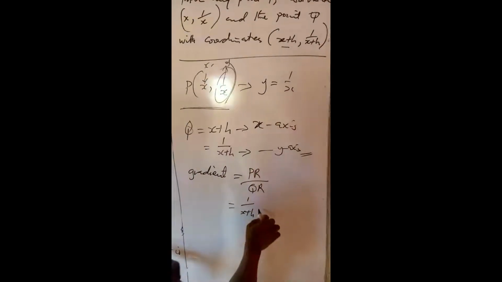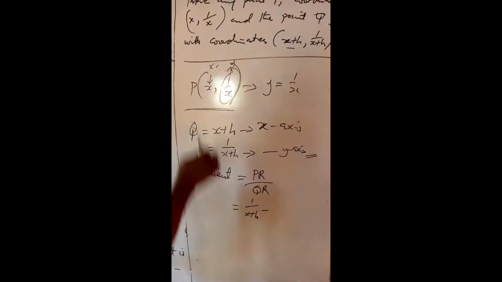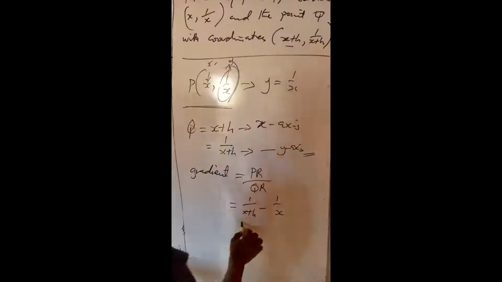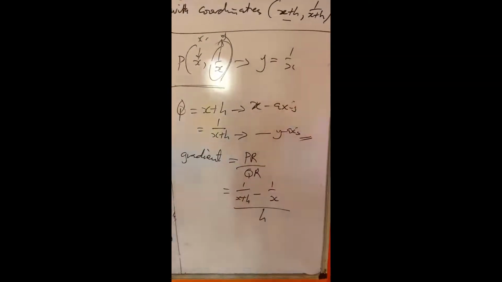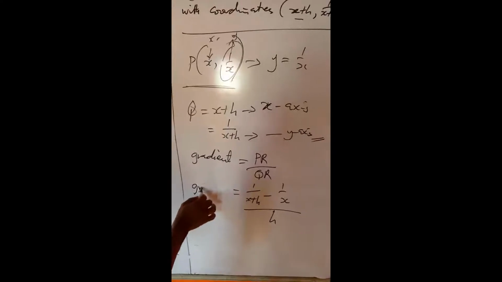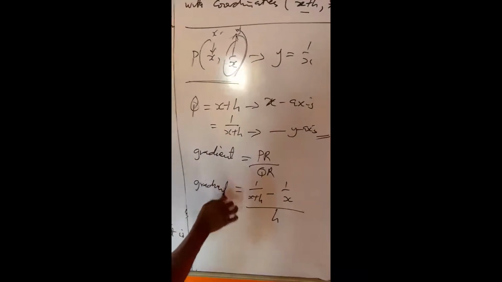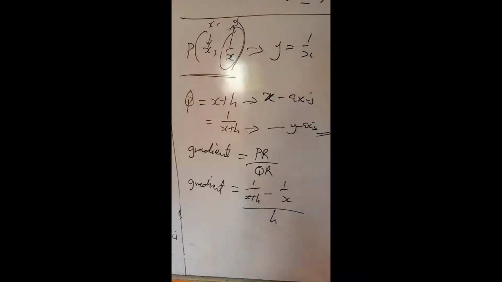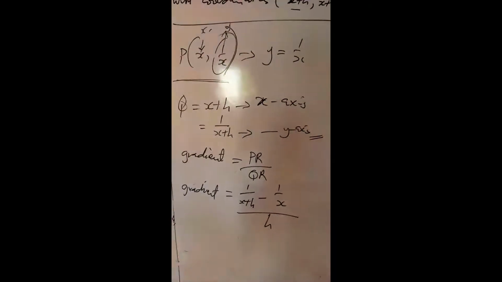Then minus your y1, which is 1 over x. So if you have gotten this principle right, it's very clear. Then your Q arrow, if you go to the graph, is just h. So what you have there now is gradient is equal to 1 all over x plus h minus 1 over x, all over h.